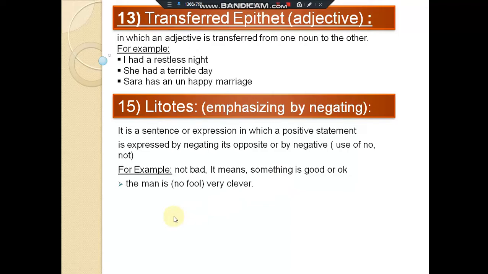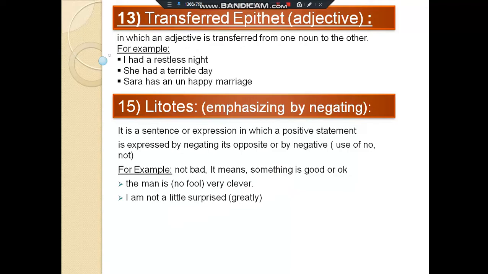So if I say the man is no fool, no is used. Keep one thing in your mind, that no and not would always be used in litotes, but the purpose would be positive. It means that the man is not a fool. We are talking about his cleverness. And then I say, I am not a little surprised. Not a little means that I am greatly surprised.